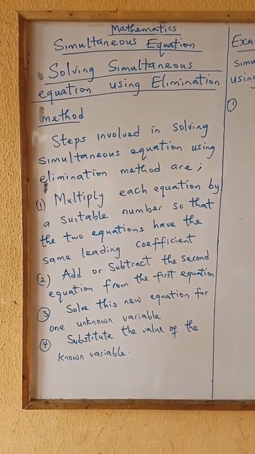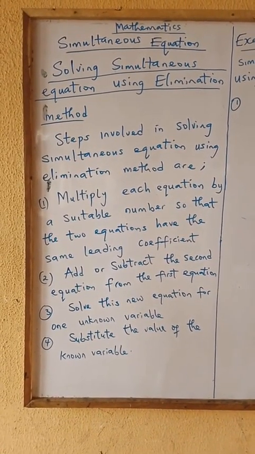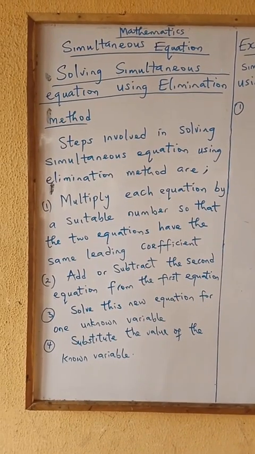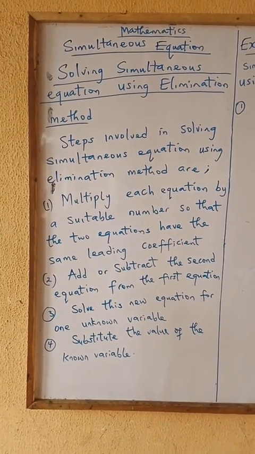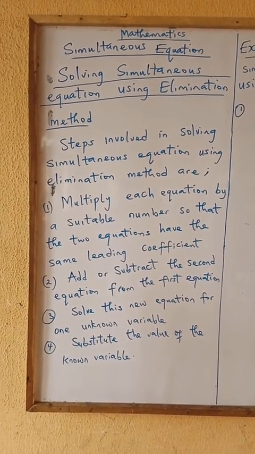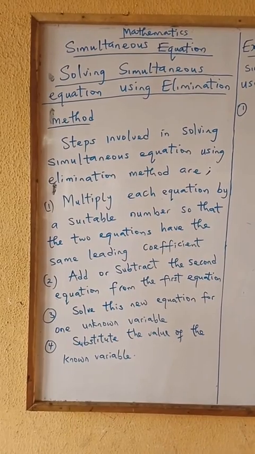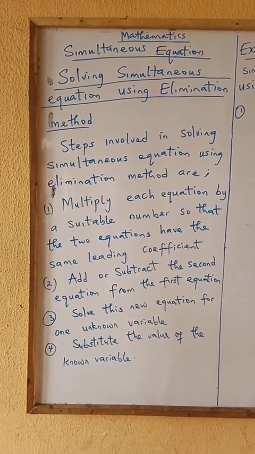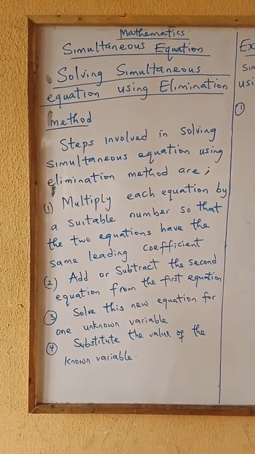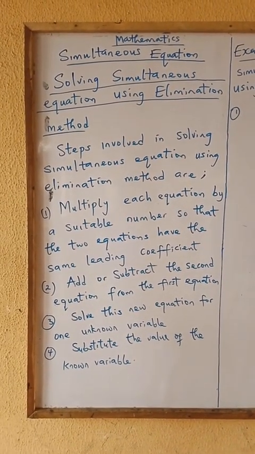Today, we want to solve simultaneous equations using the elimination method. And we have some steps that we need to take anytime we want to solve simultaneous equations using the elimination method. Number one, we have to multiply each equation by a suitable number so that the two equations have the same leading coefficients.